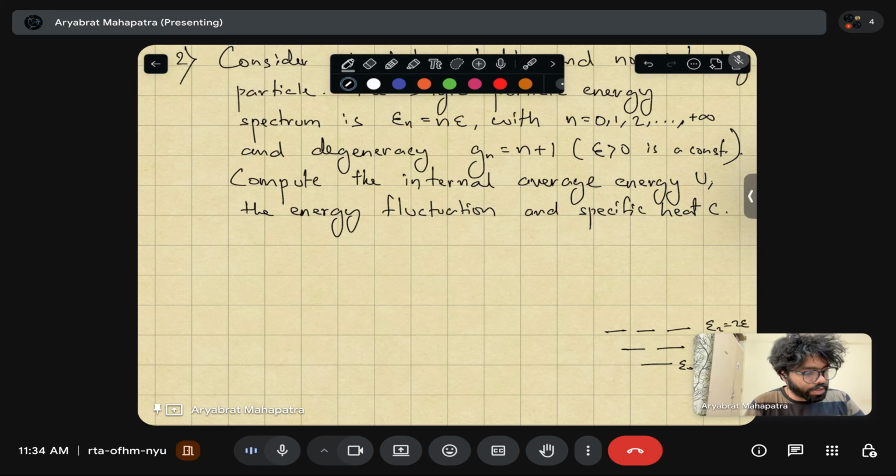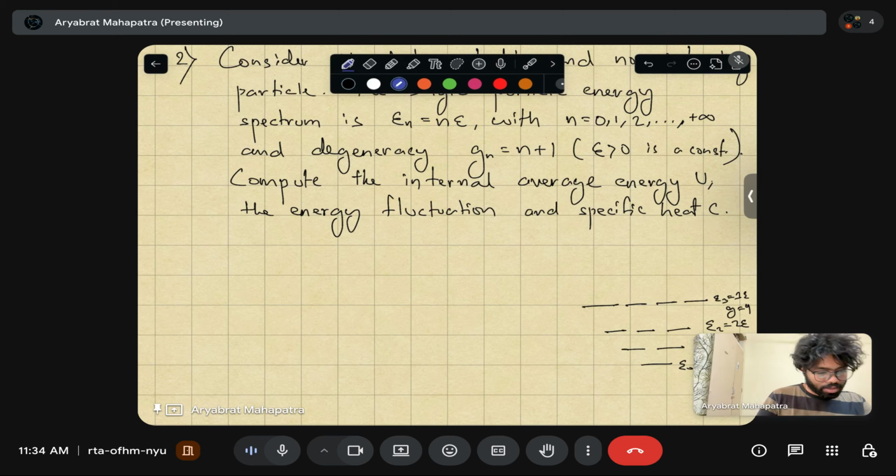So here g is 1, and here g is 2. Then you have another level above, 3 epsilon, with g equal to 4. Like that it goes.